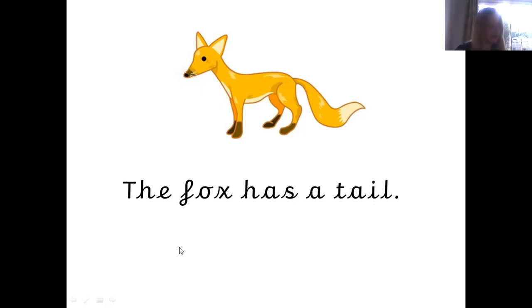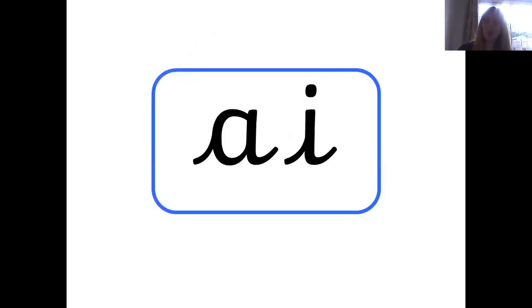Now I would like you to write me a sentence, please. And your sentence that I would like you to write is, I can wait. I can wait. Please, can you write that on your board for me?